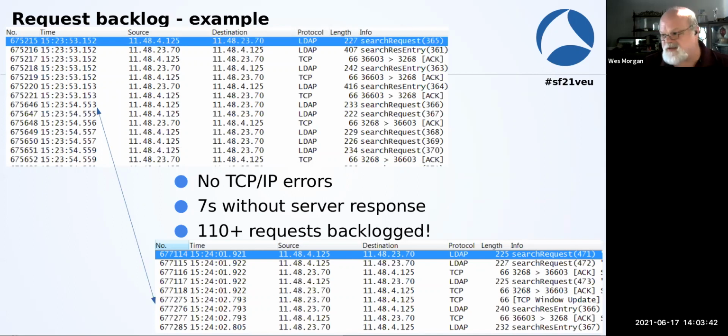This is something you often see when LDAP is used for authentication. You'll also see it in applications that manage contacts by consulting an LDAP directory, basically anything that has a high volume of LDAP searches.